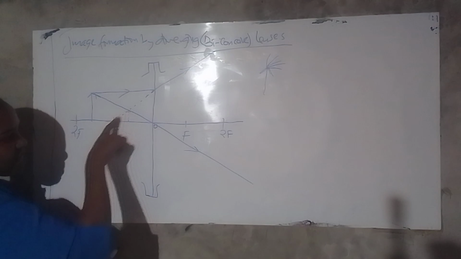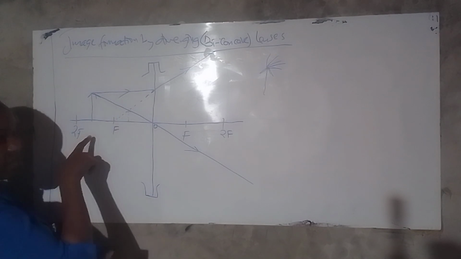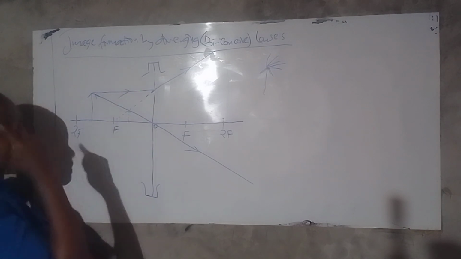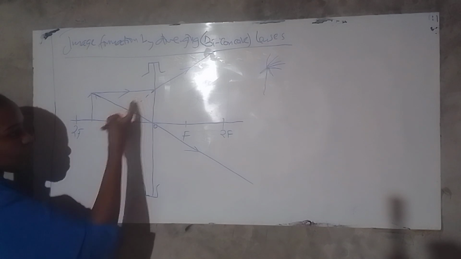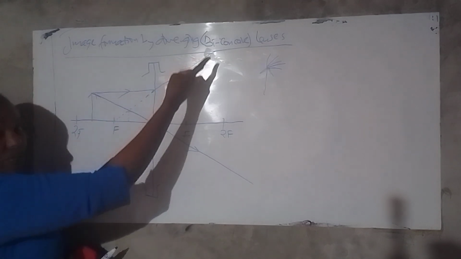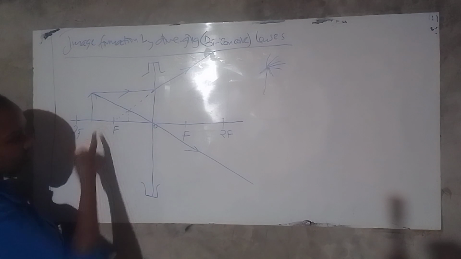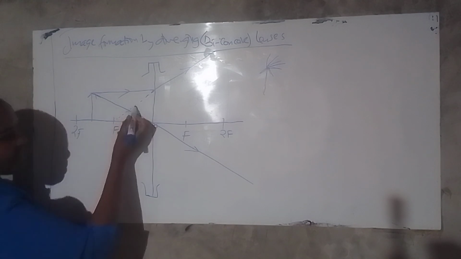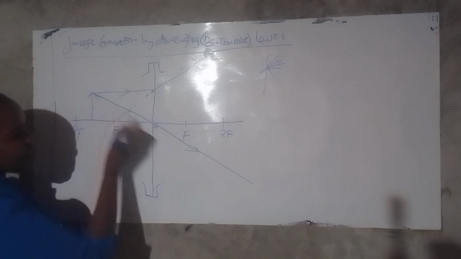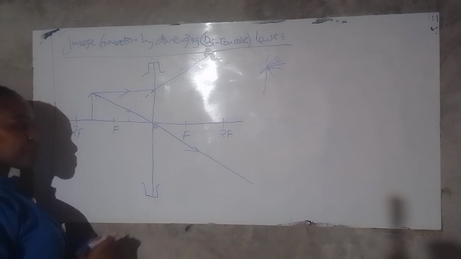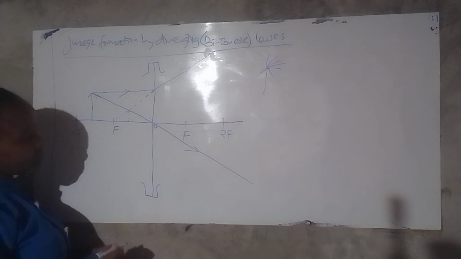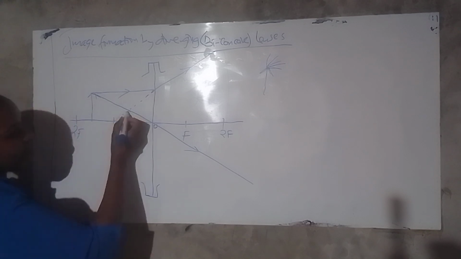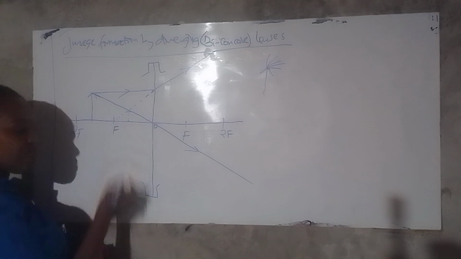So anything produced behind the true refracted ray is imaginary. So where this imaginary ray and that true ray coming from the tip meet, that is where we form the image.